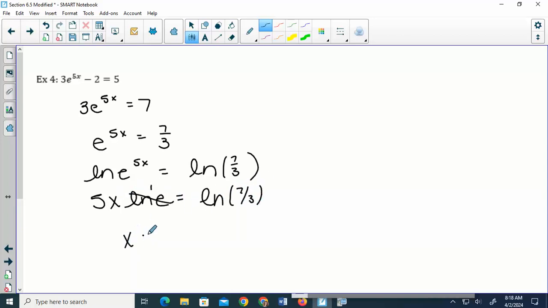So then to get x by itself, we just have to divide by 5. We get 0.1695.